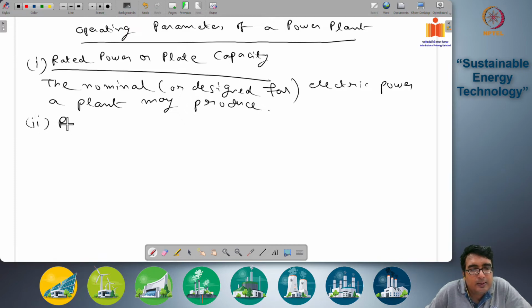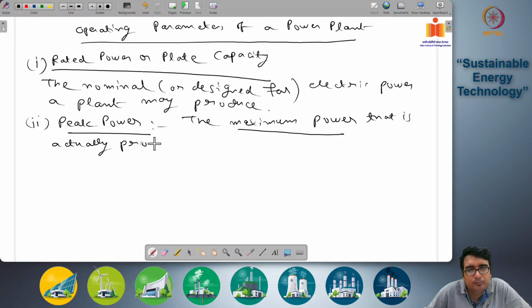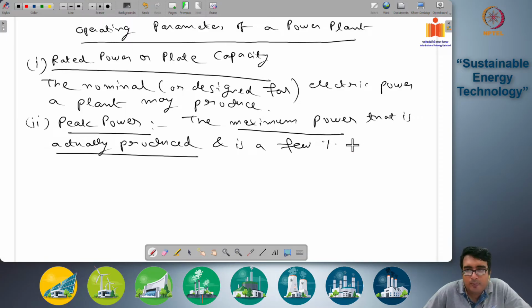A second term is peak power. So peak power is the maximum power that is actually produced, and is a few percentage points higher or lower than rated power.